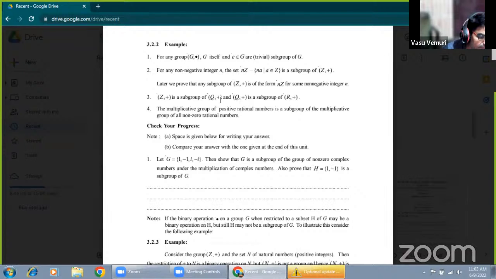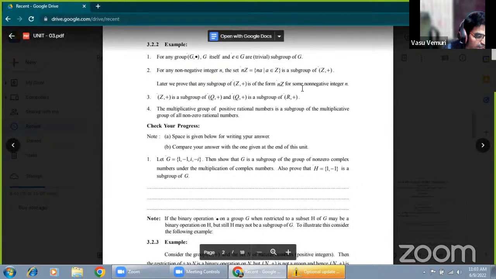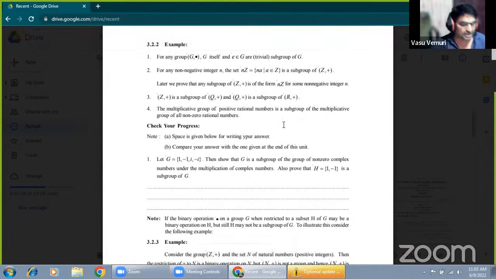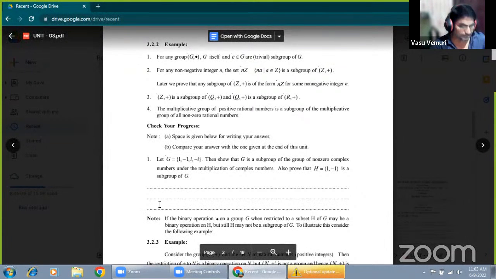Here addition is the binary operation for the rational numbers, but in the subgroup the elements are integers with respect to the same operation. Therefore, Q under addition is a subgroup of R under addition. R under addition is a group, and the subgroup elements are rational numbers under the same operation. Now these are all good examples of subgroups.